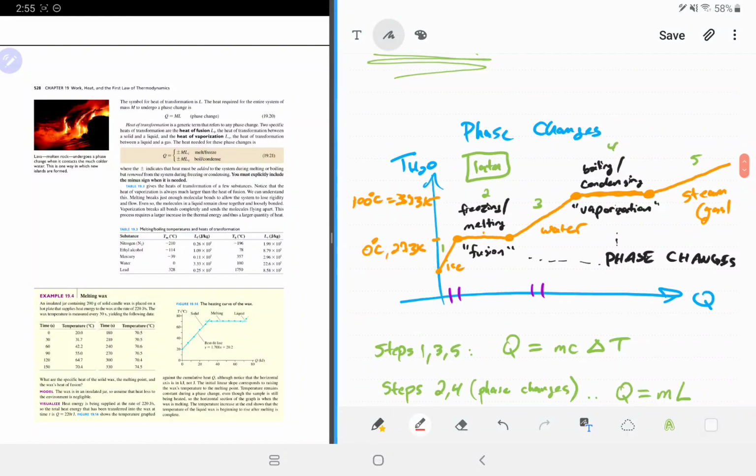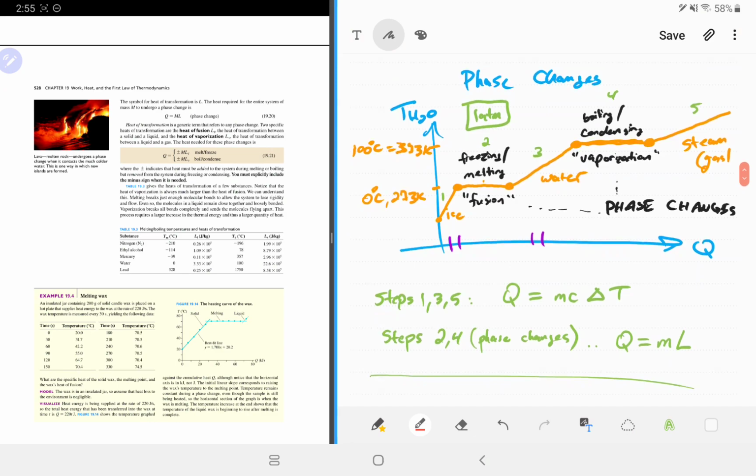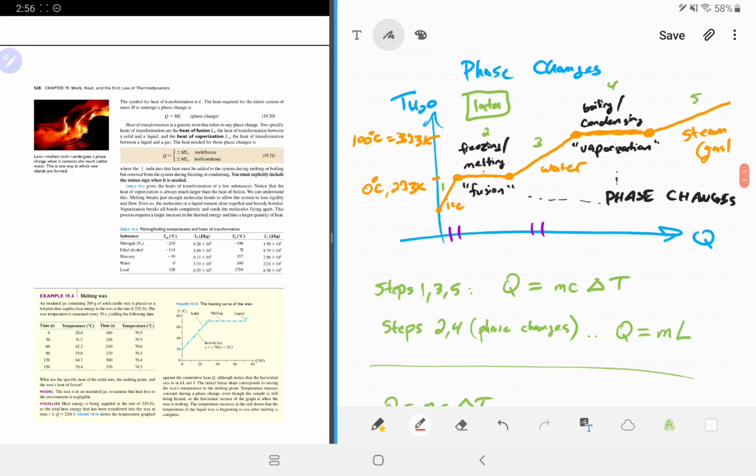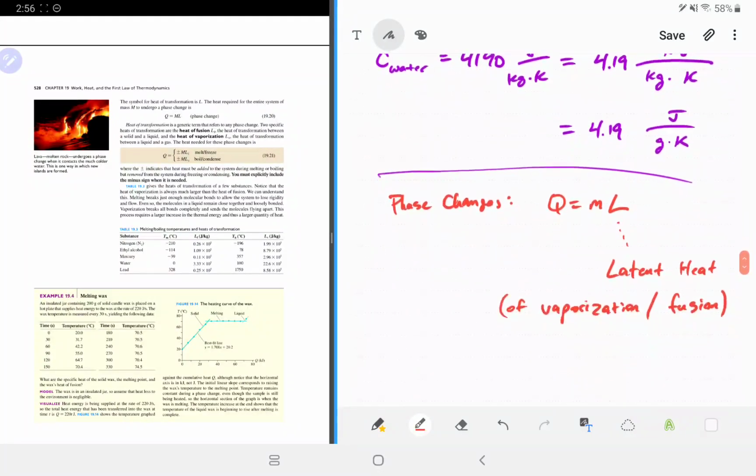See in black on the diagram, in quotes, I write fusion right here and vaporization right here. So no matter whether you're going to the right or to the left on this diagram, whether you're freezing or melting, we call it fusion. And there's a certain number associated with that, depending on how much energy it takes to do that phase change.